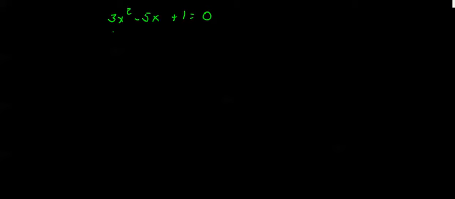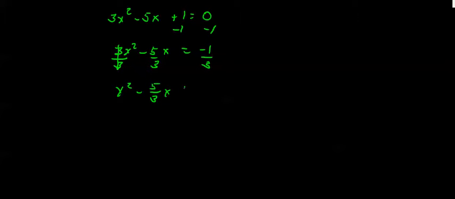So we have 3x squared minus 5x equals negative 1, and we divide by my leading coefficient, giving me x squared minus 5/3 x plus something equals negative 1/3 plus something.